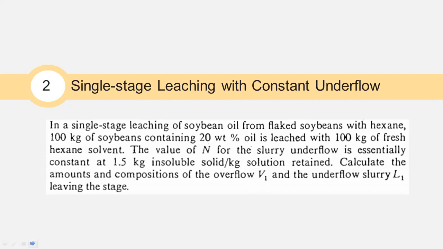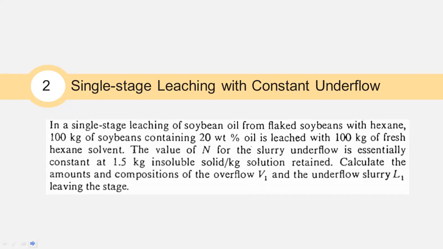So it's a constant. Now in this problem, you are given a single-stage leaching of soybean oil from flaked soybeans with hexane. Hexane was the solvent and oil from the soybean is the A, the solute. 100 kilograms of soybeans containing 20 weight percent oil is leached with 100 kilograms of fresh hexane solvent.